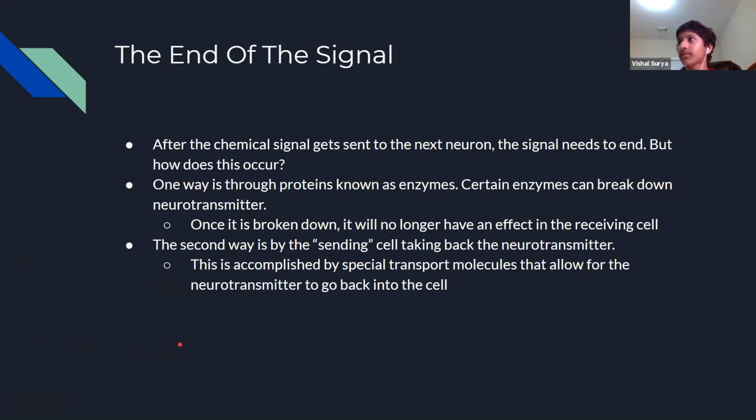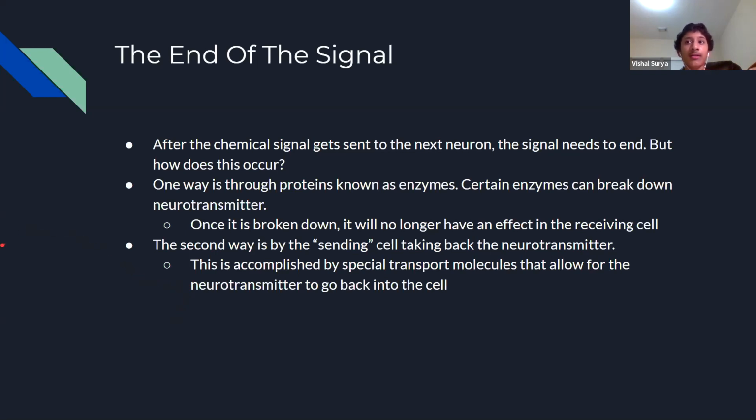Next is the end of the signal. After the chemical signal gets sent to the next neuron, the signal needs to end, because if it didn't, it would just keep going on, which shouldn't be happening. But how does this actually occur? One way is through proteins known as enzymes. A protein is just a large molecule, and an enzyme is a type of protein that makes certain chemical reactions go faster.